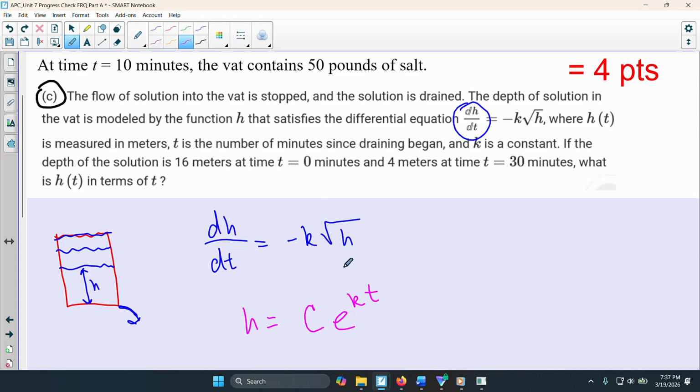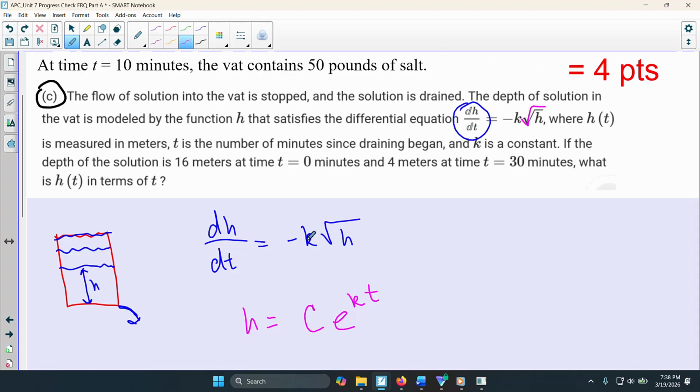You can't do that, because you could have done this if this wasn't here. If this wasn't here, you're absolutely right. That's based on our lesson yesterday or the day before, where it is directly proportional to the amount itself, to the height. The trouble is, this is not that because of this root sign.